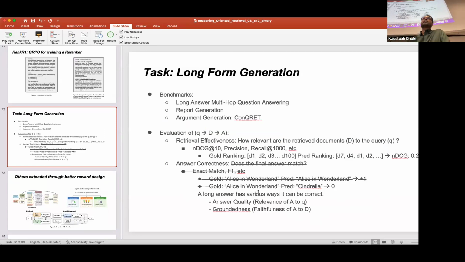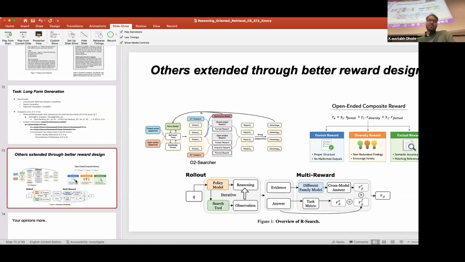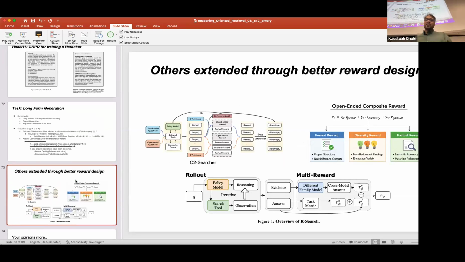And we are more interested in the quality of the answer, that is how relevant the final answer is to the original query, and how well grounded or how less hallucinatory it is, or how faithful the answer is to the retrieved documents.